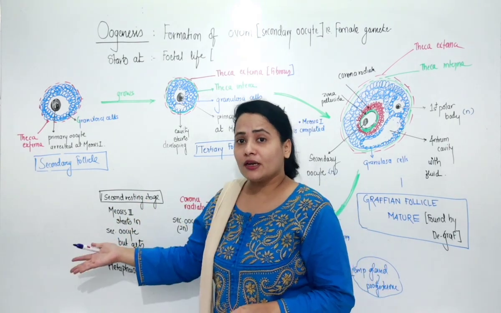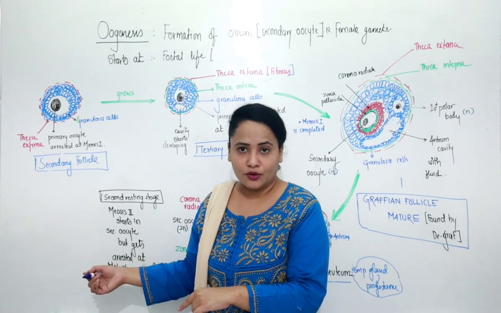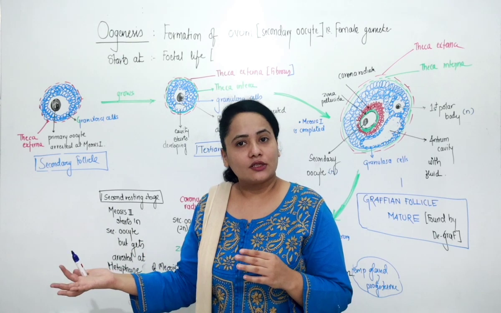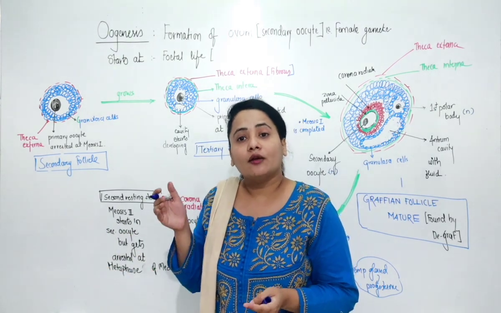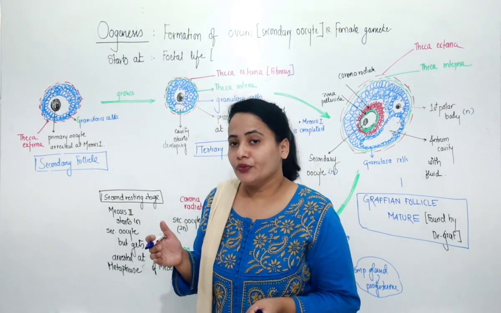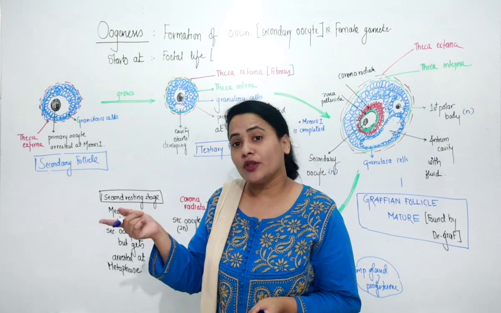Now when will this get completed? The question is when the sperm will penetrate. Remember that, right? We do consider that the ovum is released at ovulation, but actually a fully matured ovum is not released. It is always at a pause, at the secondary oocyte stage. And when does the secondary oocyte get completed? When the sperm penetrates.